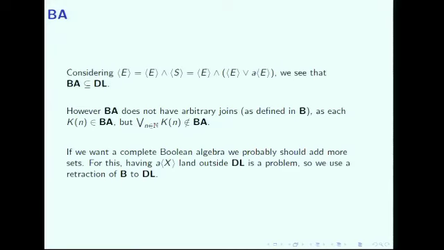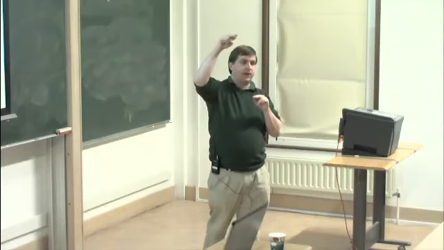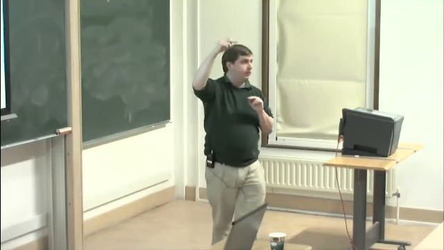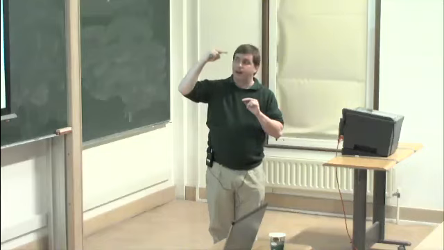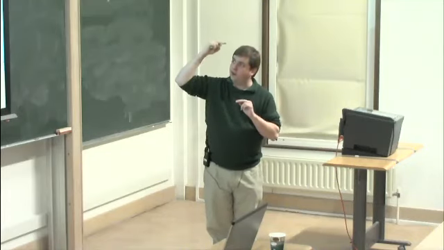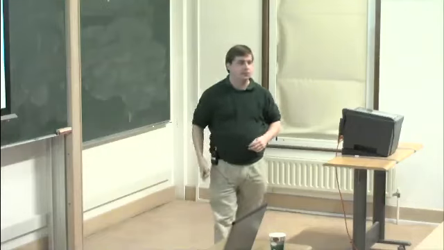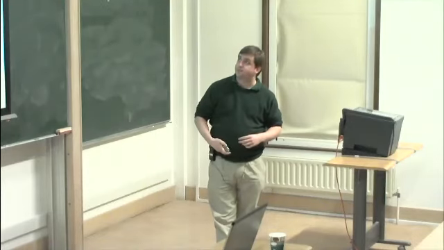So for the purposes of adding in more spectra, the idea that the complement A of x could land outside our distributive lattice is going to be a problem. So what we do is we look at a retraction from the whole Bousfield lattice down to this distributive lattice DL.